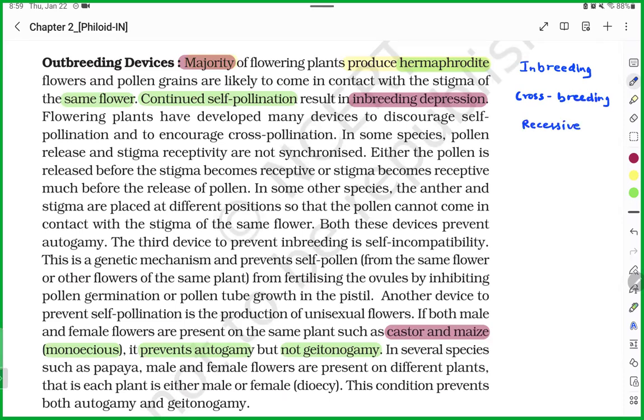Even if one gene is not good, the other will manage because the healthy gene is dominant. But if you keep on inbreeding, the recessive gene will be exposed in both organisms, and in that case the chances of having some kind of problem are very high.